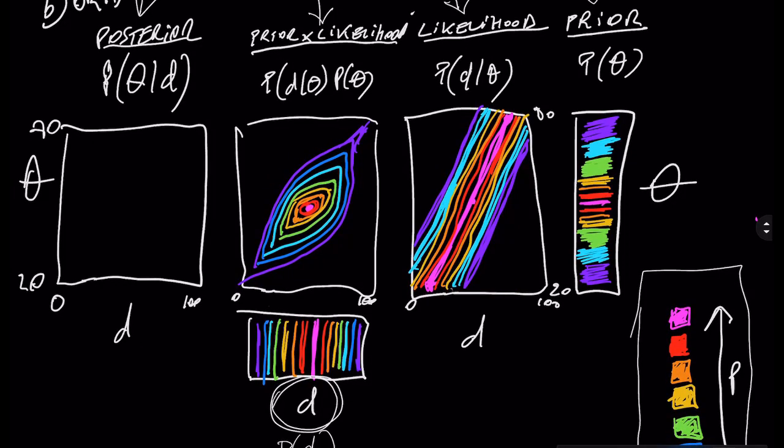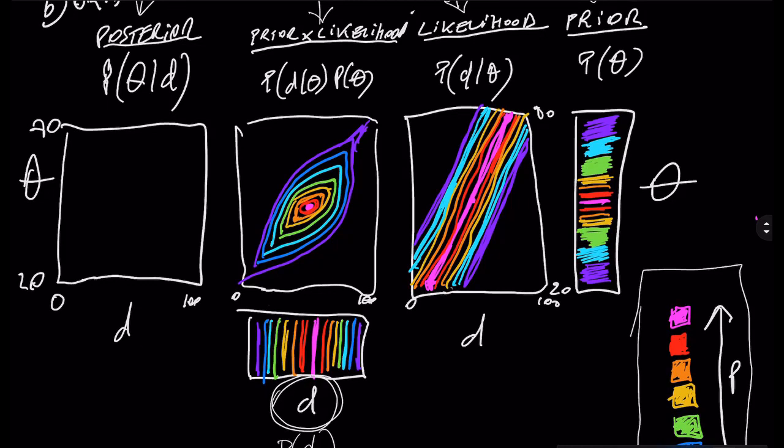And then the way we obtain the prior times the likelihood is by multiplying the values of the prior, which are represented by the color, times the values of the likelihood that are also represented by the color, and that gives us the prior times likelihood.